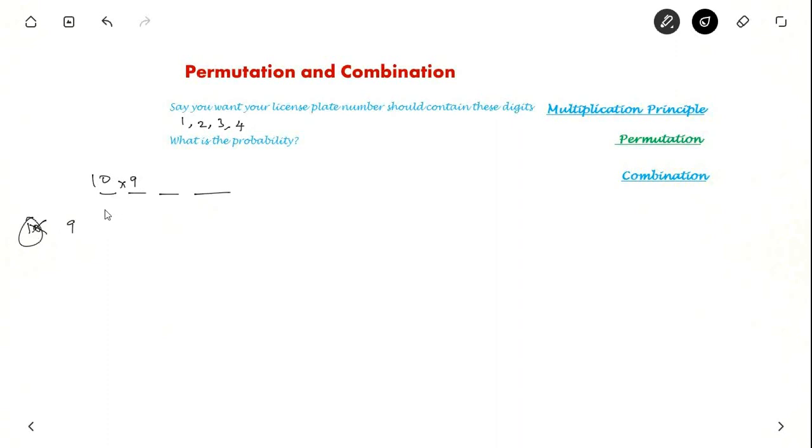Suppose you are using 1 here, you are left with only 3 more digits. So it is 9 possibilities. Again you will be left with 8 possibilities and then 7 possibilities. So the total number of outcomes will be 10 into 9 into 8 into 7. So the probability will be 1 divided by 10 into 9 into 8 into 7.